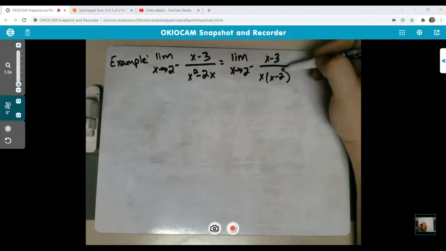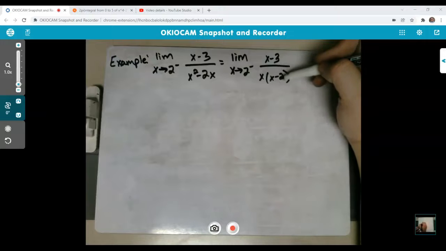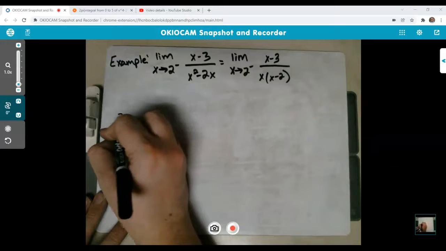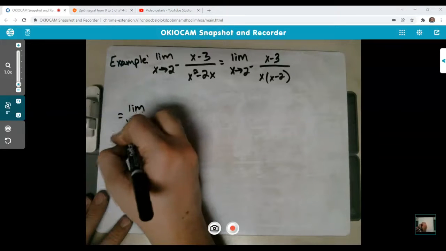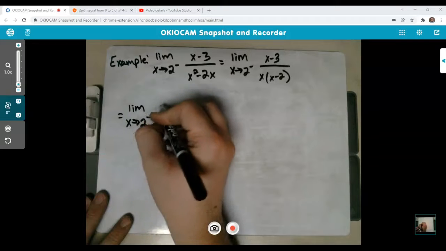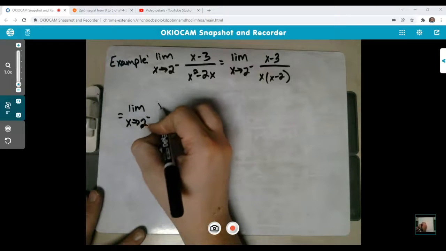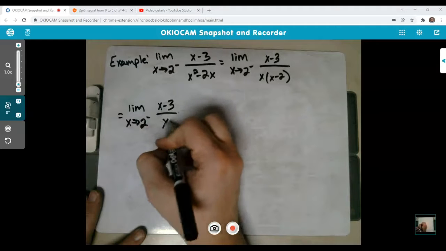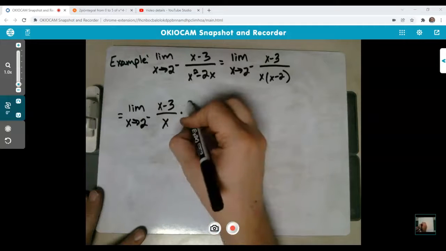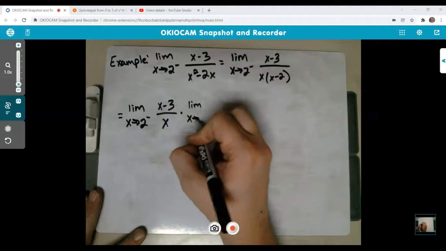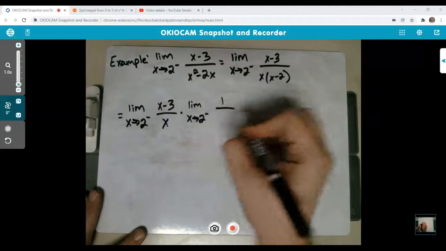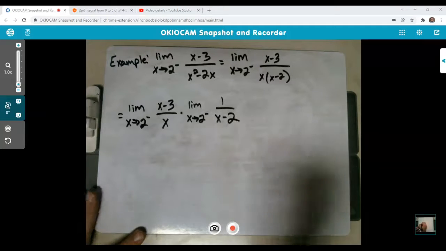That's where I kind of can't plug in 2. So what I'm going to do is separate it and put that factor by itself. So I'm going to have x minus 3 over x, and then let's leave 1 over x minus 2 on its own, since that's the one that's causing me problems. Okay?